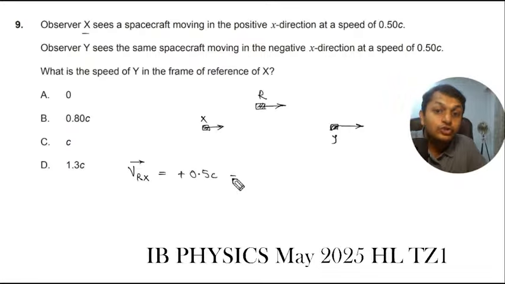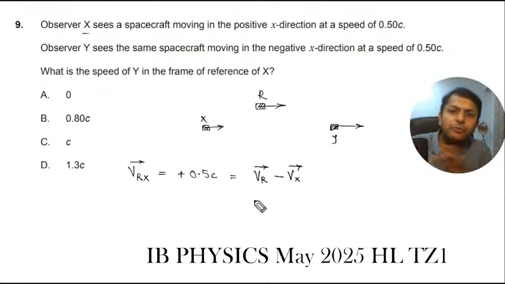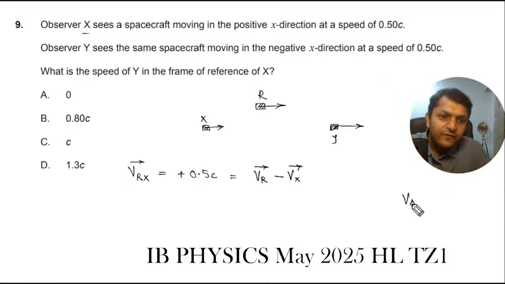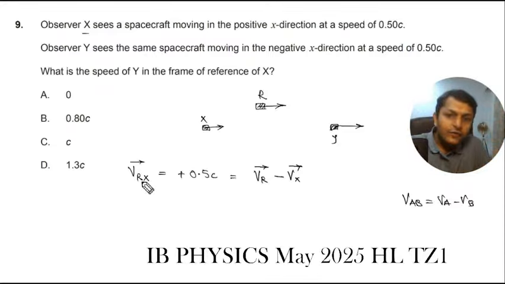We can write it as the velocity of the rocket minus the velocity of X, Vr minus Vx, because you are taking the relative motion completely from the Newtonian point of view. VAB is the velocity of A with respect to B. That's how we write it. So the velocity of R with respect to X is written as this, and it is given as a positive value.